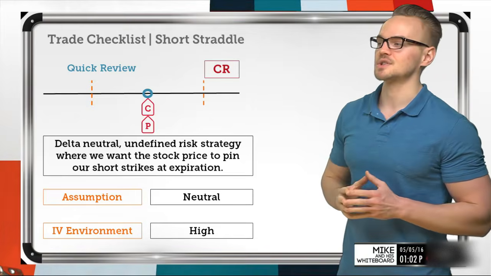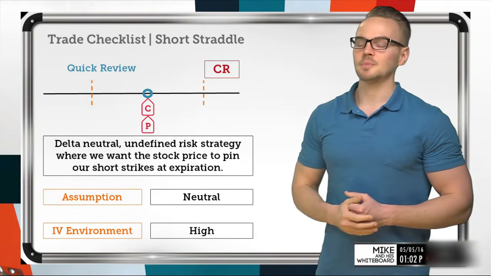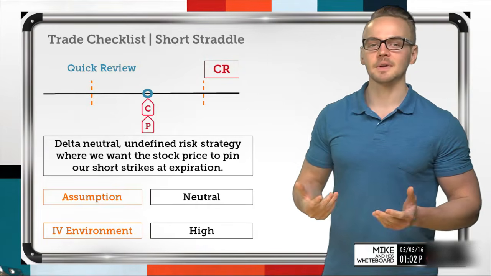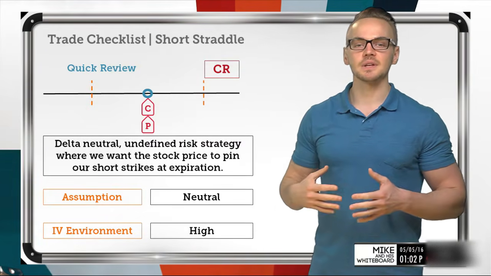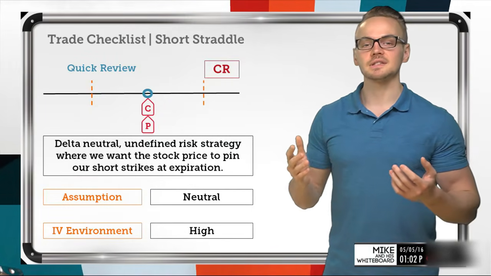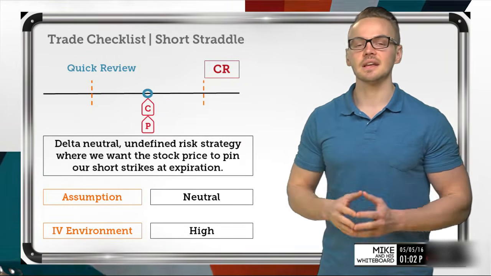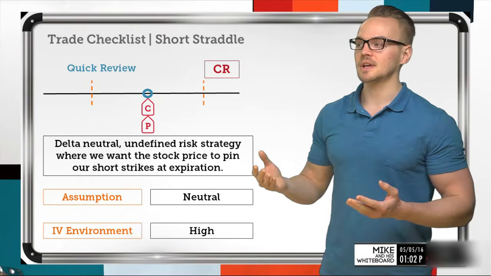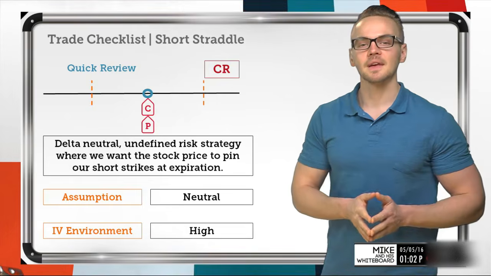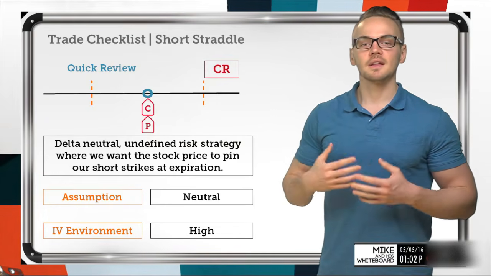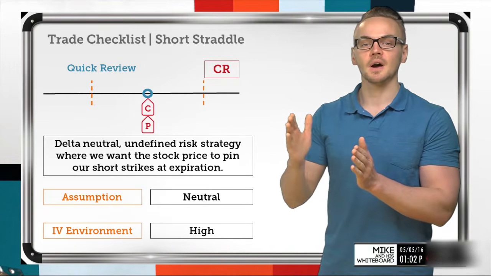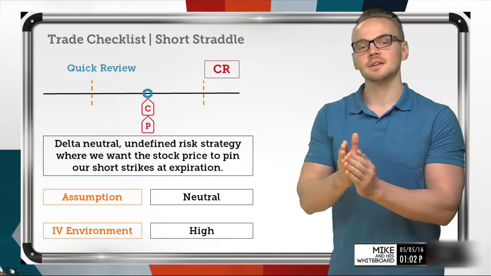Now, just like any other premium selling strategy, we want to be doing this in a high IV environment. Implied volatility is really just an indication of the implied move of a stock given the activity in the options market. If we're looking at an implied volatility of 20% on a $100 stock, that means that over the year, there is an implication that this stock could move from 100 up to 120 or from 100 down to 80.